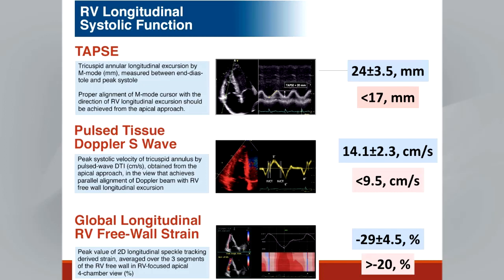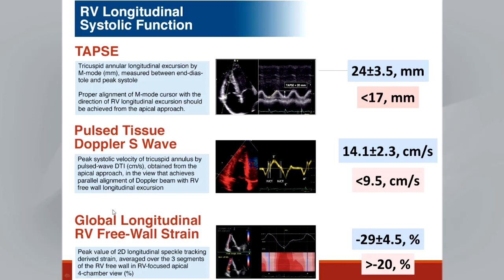It is important to align the Doppler cursor to avoid underestimation of velocities. If you use speckle tracking, that of course has advantages, but speckle tracking is influenced, as you all know, by image quality, by reverberation, and by other types of artifacts.